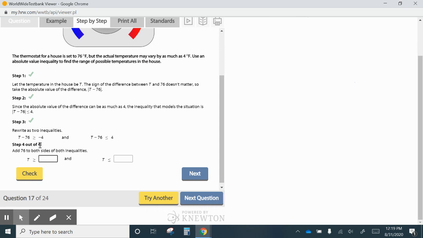Add 76 to both sides, so negative 4 plus 76, okay, is 72. And then 4 plus 76 is 80. And really, there's a plus 76 here because you add it to both sides. But really, this number here is what's important.